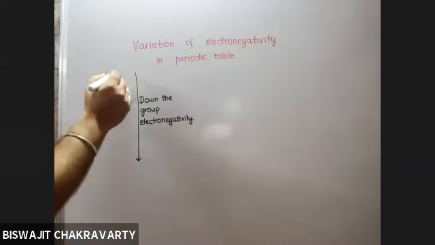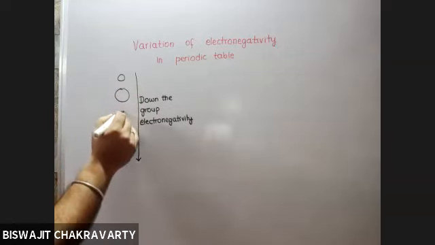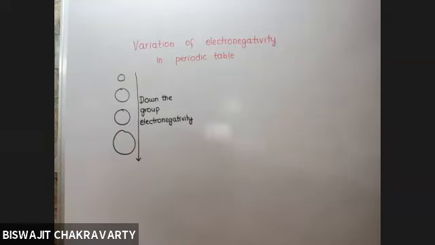As we go down the group, atoms are increasing in size. So when it increases in size, will it have greater tendency of accepting the shared pair or lesser tendency?